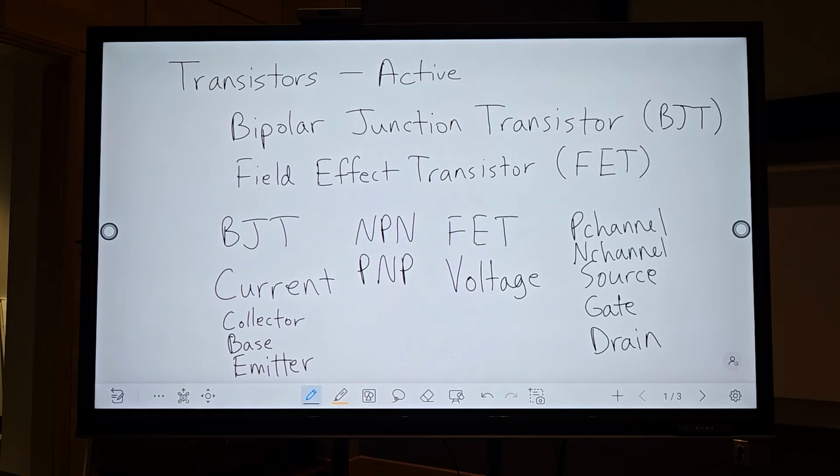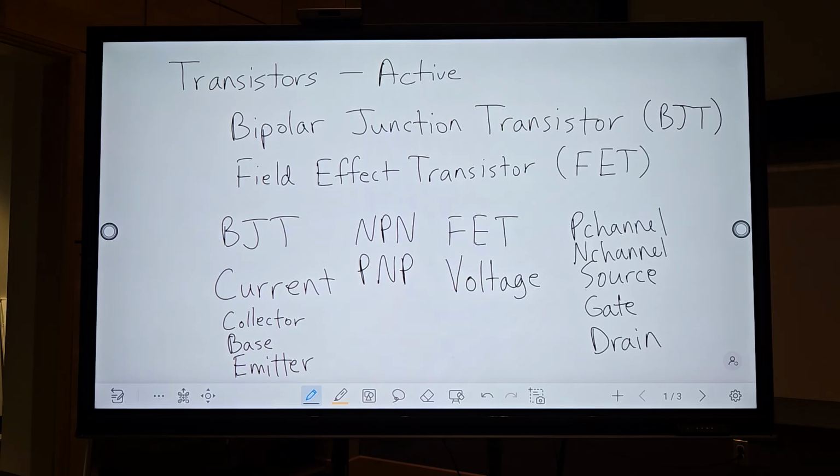So, any questions about transistors that doesn't go beyond the scope of this class? Like I said, they're very versatile, with simple yet complex use cases.